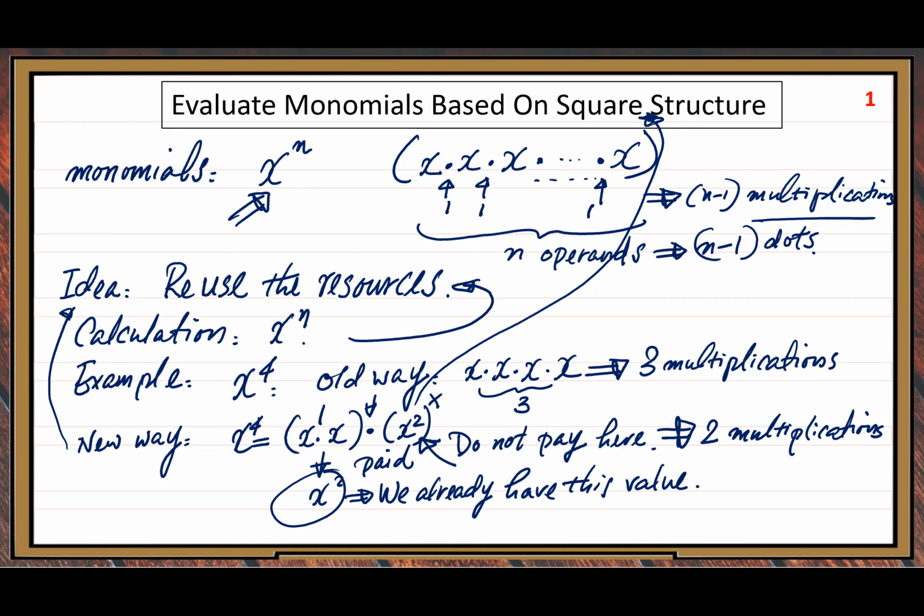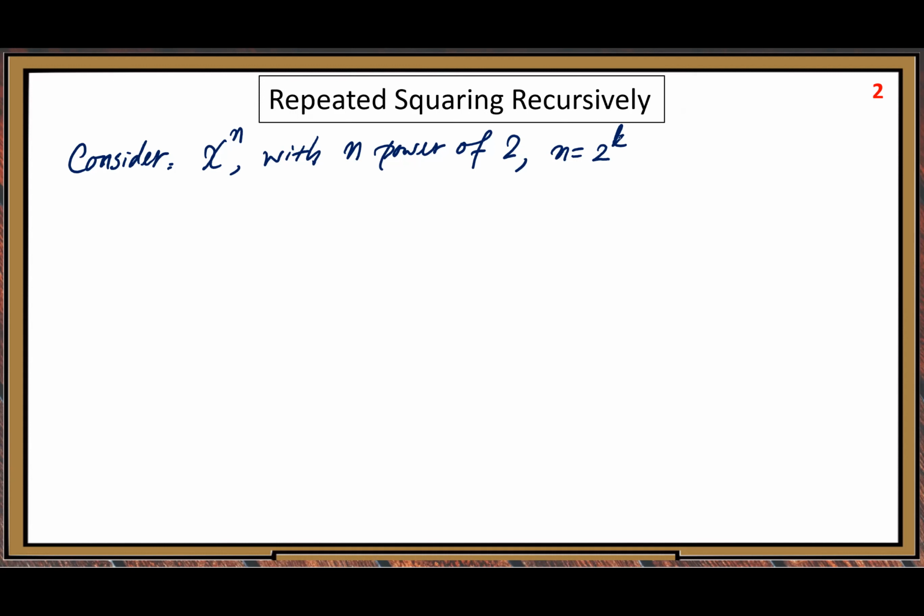Power of 2 means n equals 2 to the kth power. Because in that case, we can take advantage of that square structure again and again, for k times.